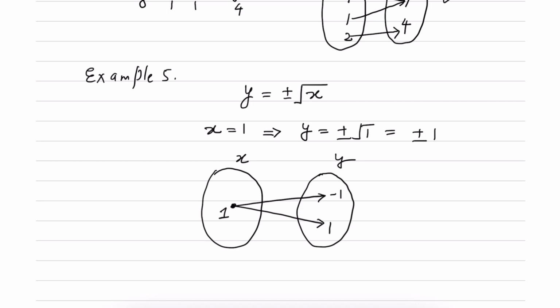So one x value is associated with two y values, -1 and 1, or we could say that one x value is determining two y values. So the definition of the function does not hold true in this case. So we will say that this description does not satisfy the definition of a function. So this relation is not a function.